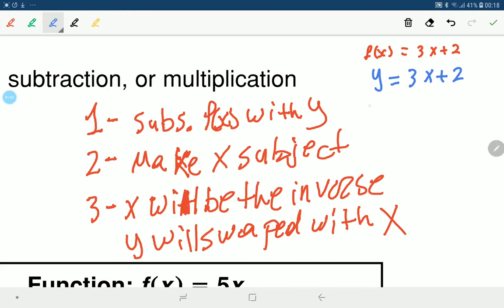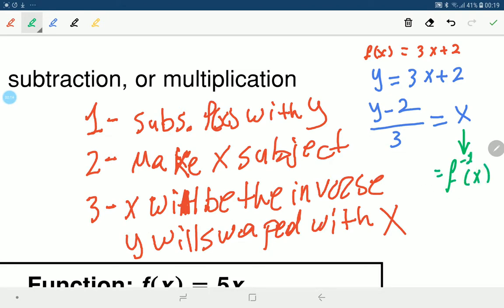When making x the subject, we will have (y minus 2) over 3 equal x. The third step is the x that you have made subject, x will be the inverse, f inverse of x.